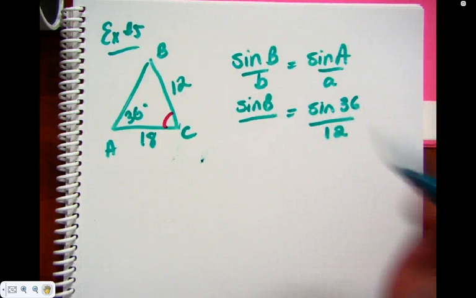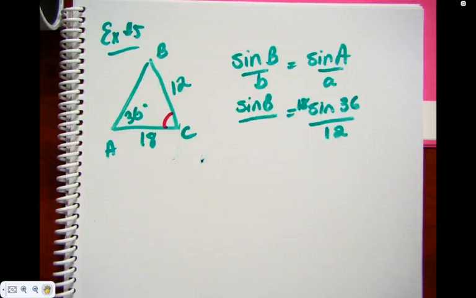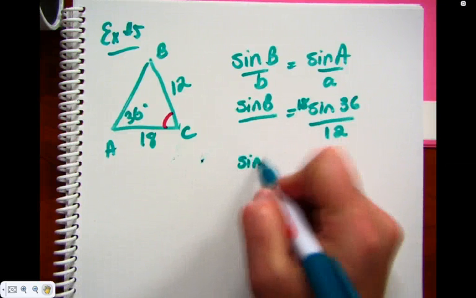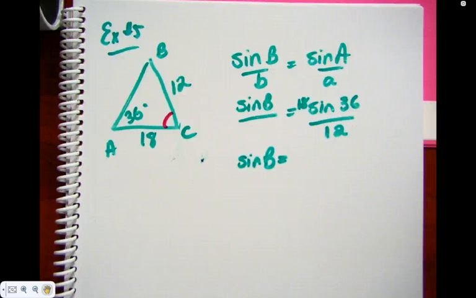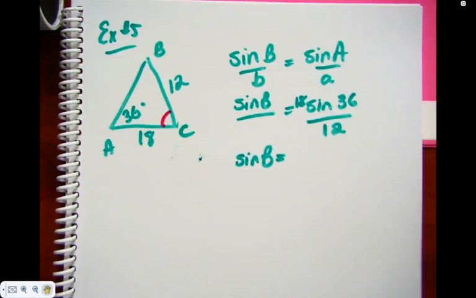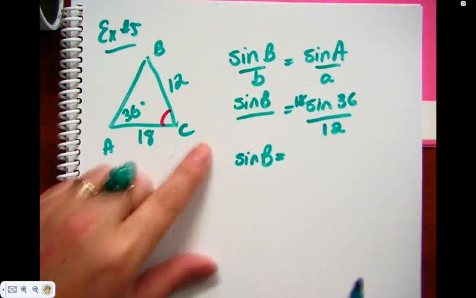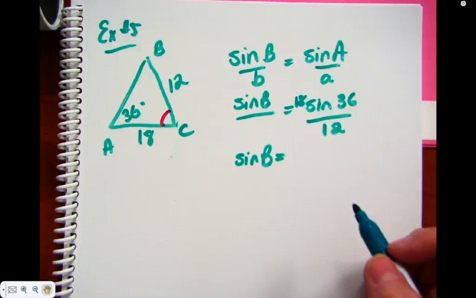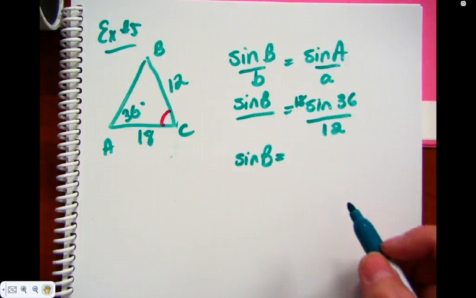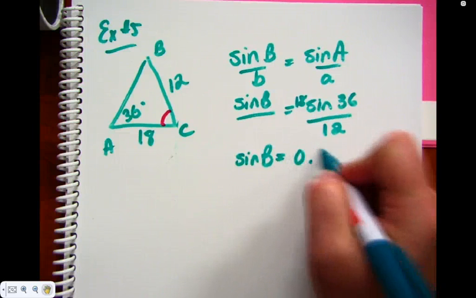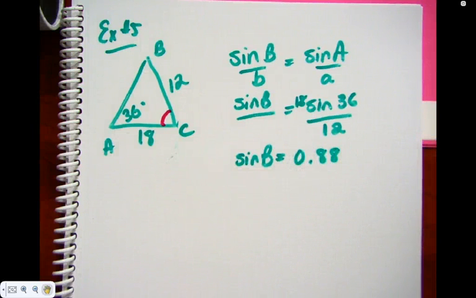Where do I put the 18? Remember, don't round off here. We only round off at the very end. That's non-rounded, 0.88.